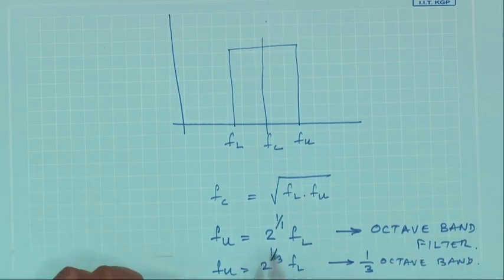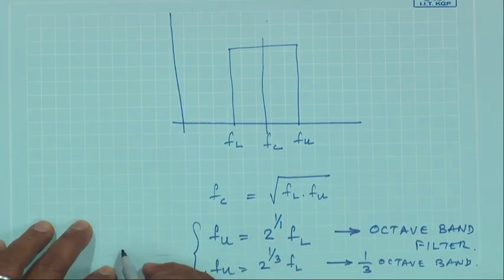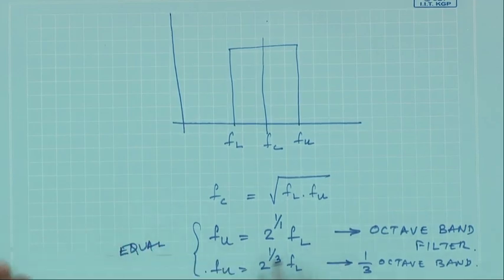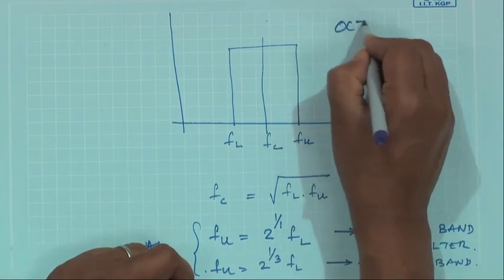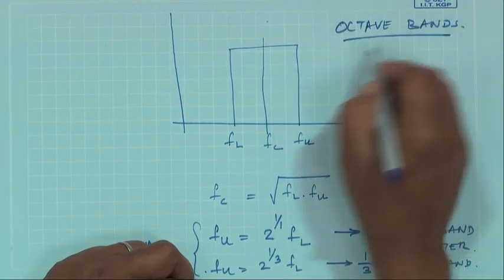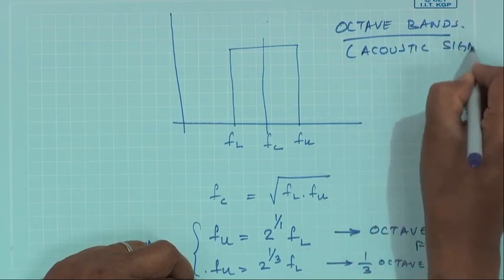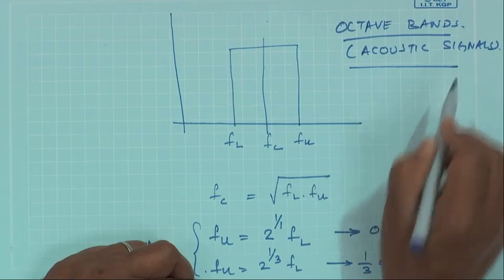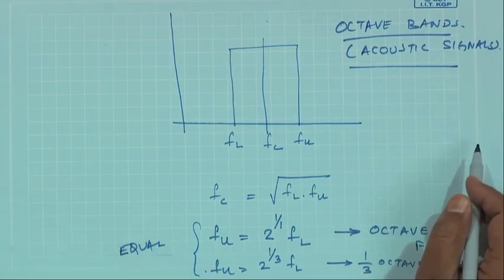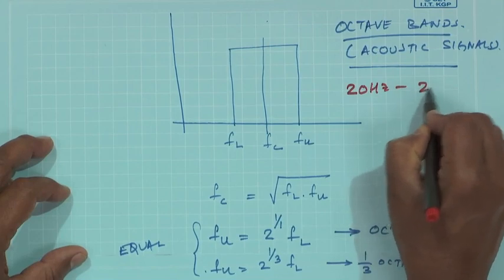So, if you will see, the frequency bandwidth in these cases is no longer equal. Okay. And such octave bands are used for analyzing acoustic signals, but we must have an idea about what these bands are. And if you will go to any handbook, you will see for the entire audio range from 20 hertz to 20 kilohertz.